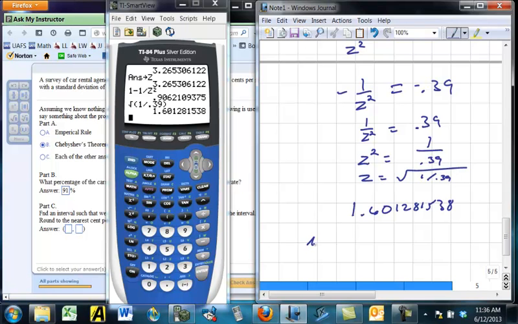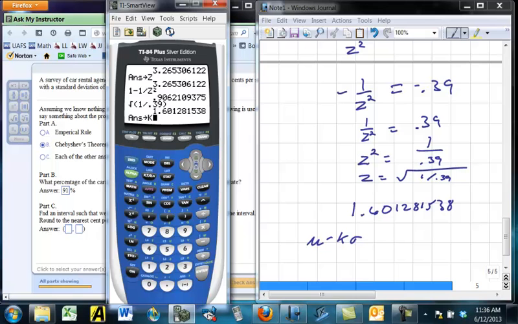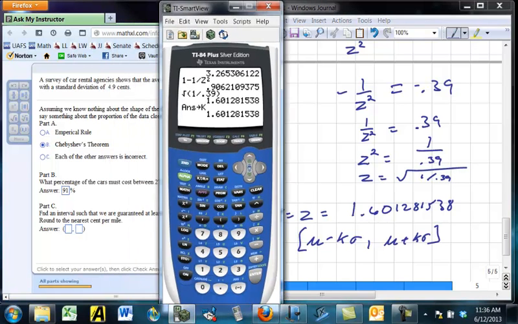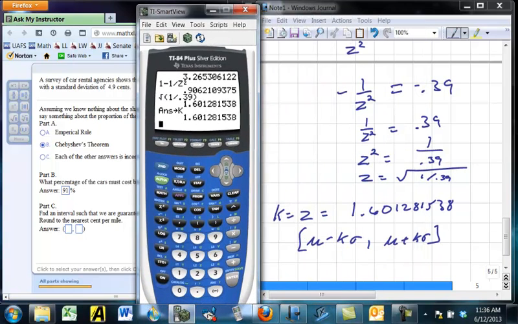So that's my z or my k. Okay, and so you get mu minus k sigma. Let me just store that as k, or I could have used z. It is a z-score. And we want to go to mu plus k sigma. Well, what was mu in this case? Mu was 43.